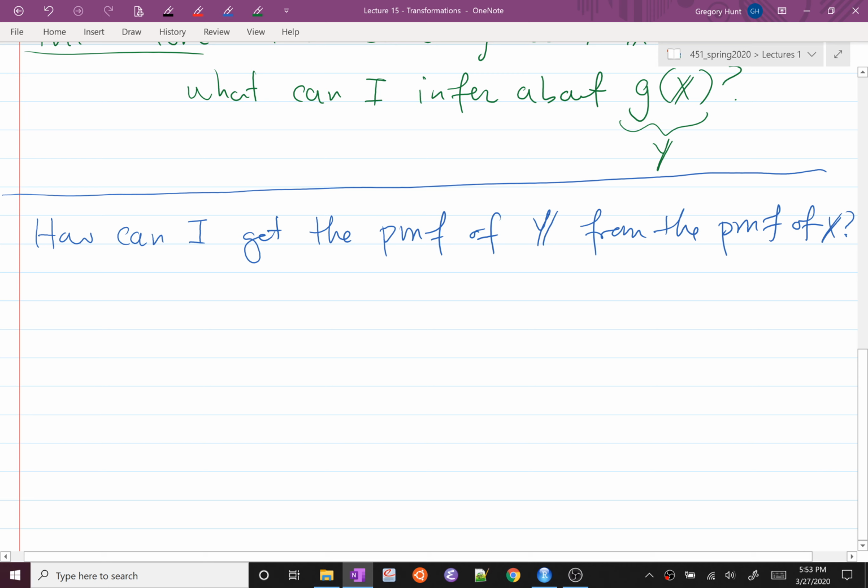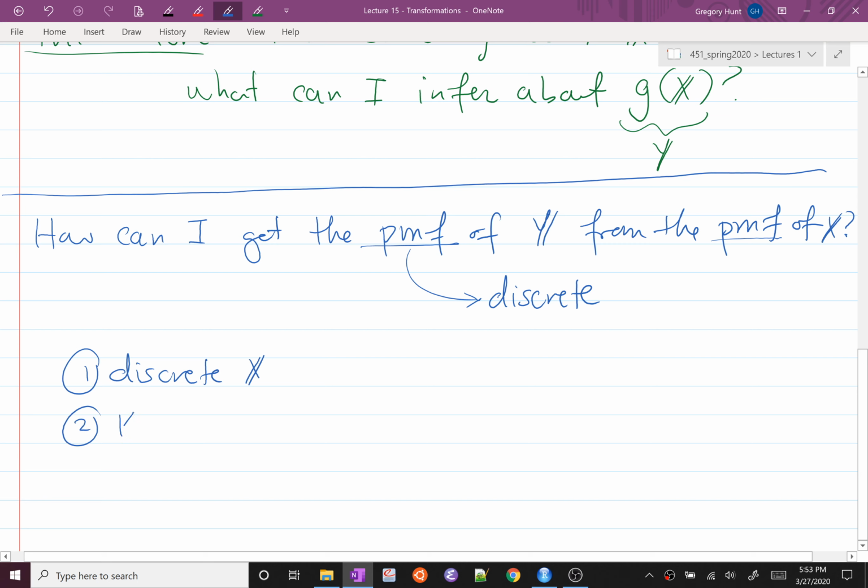So here, I'm saying PMF, so we're going to talk about the case where random variables are discrete. So x is going to be discrete, and therefore y will also be discrete. And so I'm going to assume I have a discrete random variable x.